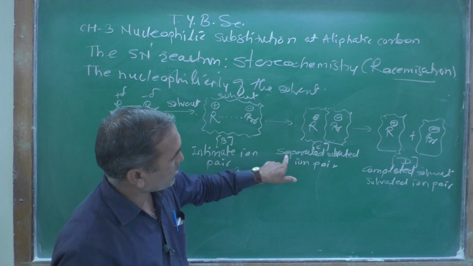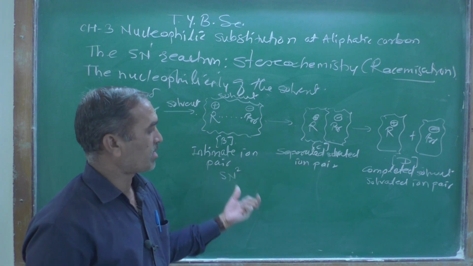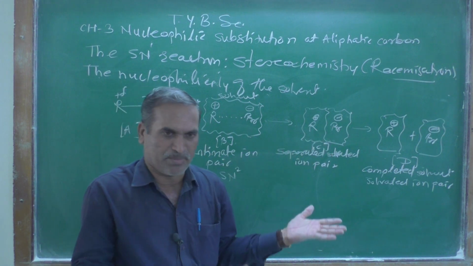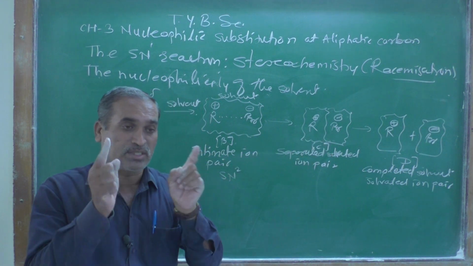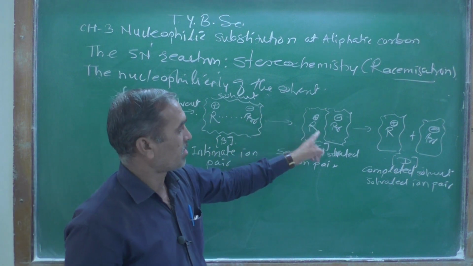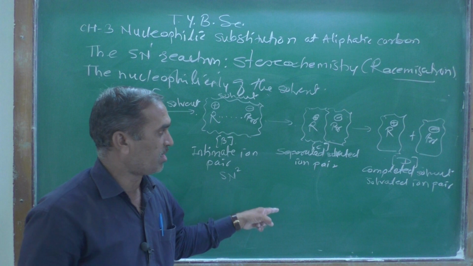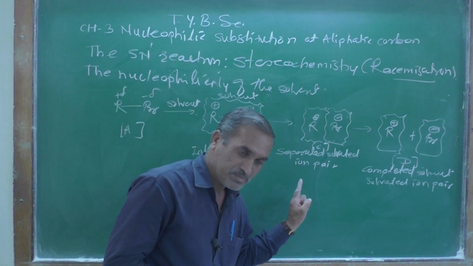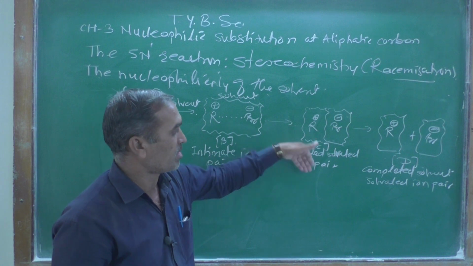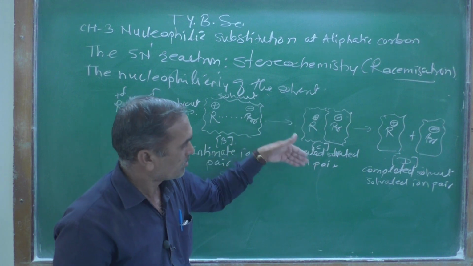Now look here, the solvent-separated ion pair. R and Br get separated, no doubt about it, but that Br minus has not completely gone away from here, it remains in the close vicinity, and therefore the percentage of inversion product here is still greater.